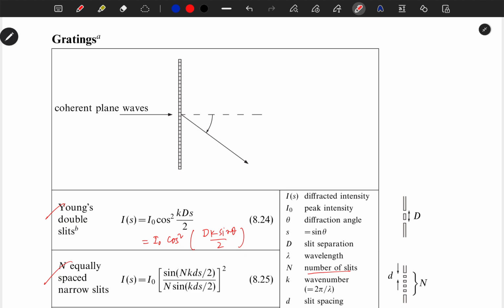For N equal slits, we have this d will be small d times N. So total intensity will be I0 times [sin (N d k sin theta by 2) by (N times sin (k d sin theta by 2))] squared.